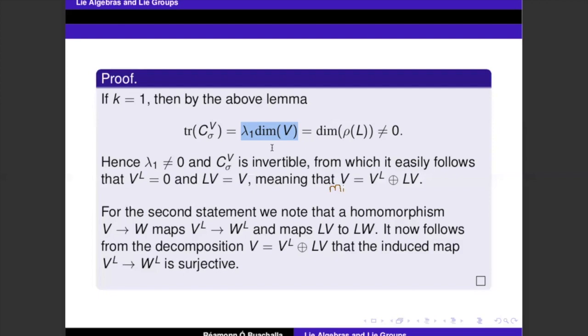And from this, it means that if you've got an invertible matrix, of course, it can't have a kernel. And from this, we see that the elements that are killed by every element of L: this Casimir operator doesn't kill anything because it's invertible.